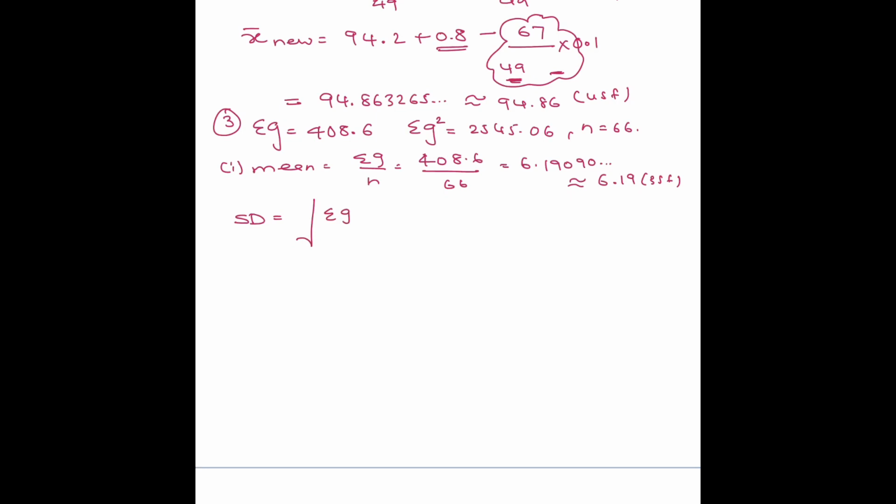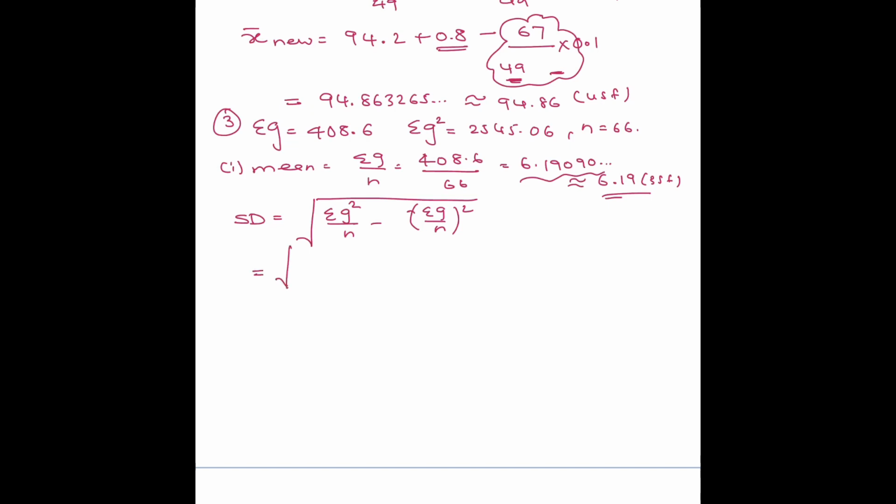Standard deviation: sigma G squared over N minus sigma G over N squared. Instead of x bar squared, I am writing that because I didn't write this exact form. You can write at least 5 significant figures.